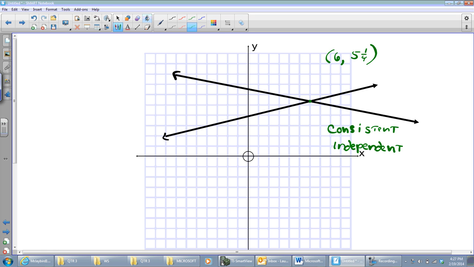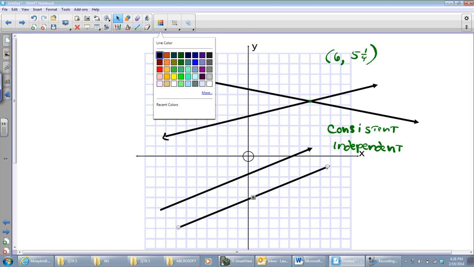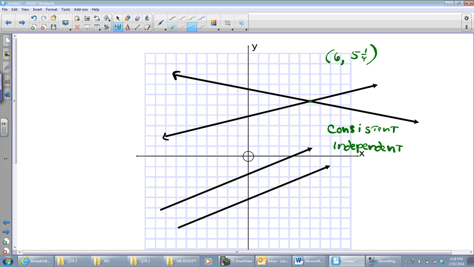Now, another possibility would be we could have two lines that do this, in which case they're actually parallel, right? Let me put some arrowheads on them. And in this case, there's no solution to the system.